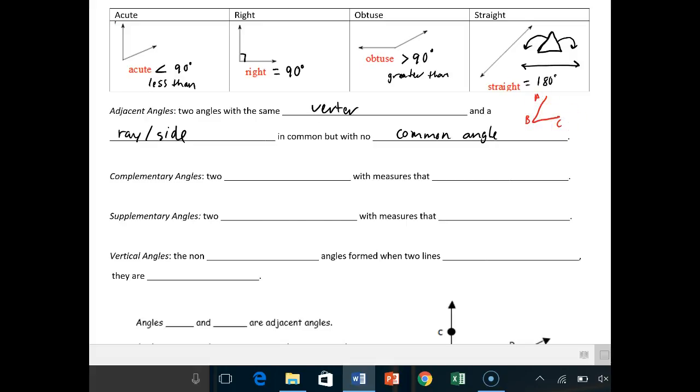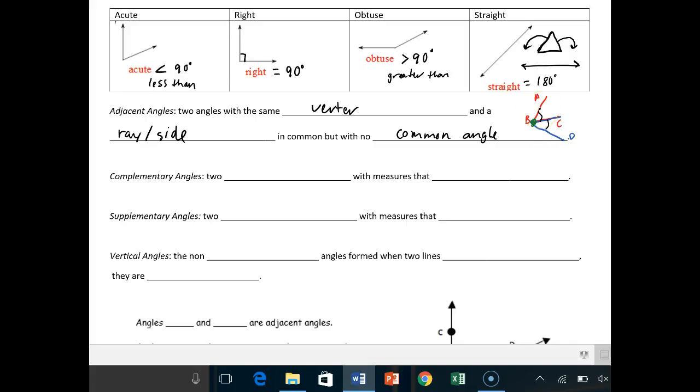Usually angles have 3 points. And say I had this angle, we'll call this angle CBD. Okay, so these two are adjacent angles because they have the vertex of B in common, and they also have the side BC in common, but they each have their own angle, right? ABC has this angle, and CBD has that angle, right?